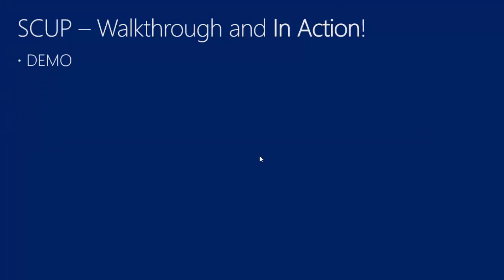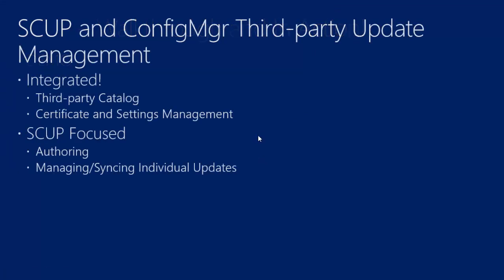All right. So in terms of this thing we keep referencing, third-party update integration, we'll talk about that focused in the next session, right? So what are the kind of two big buckets? First is the integrated bucket, right? The third-party update catalogs are obtainable, synchronizable, if that's a word, from Configuration Manager directly.